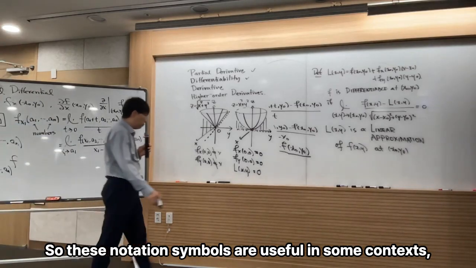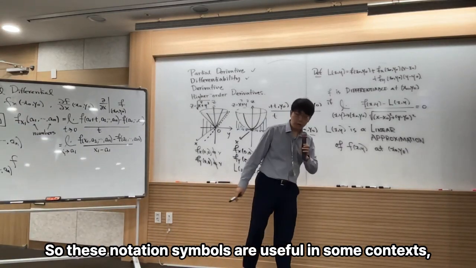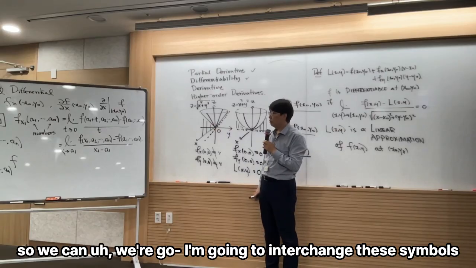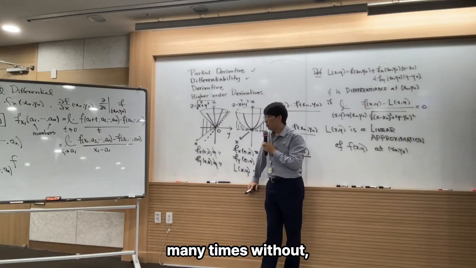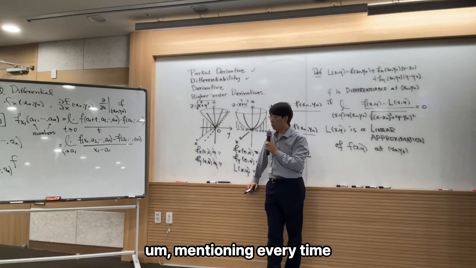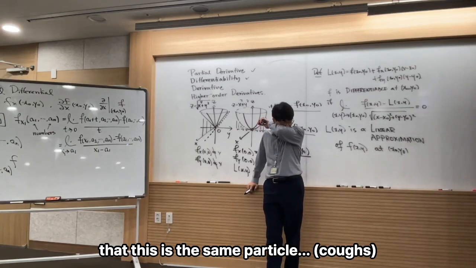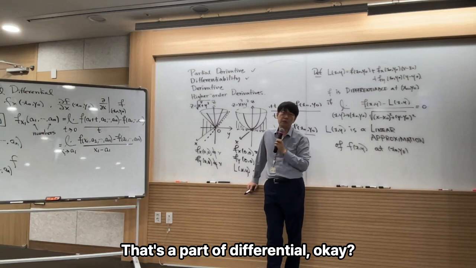These notation symbols are useful in some contexts, and I'm going to interchange these symbols many times without mentioning every time that this is the same partial derivative. So that's a partial differential, okay?